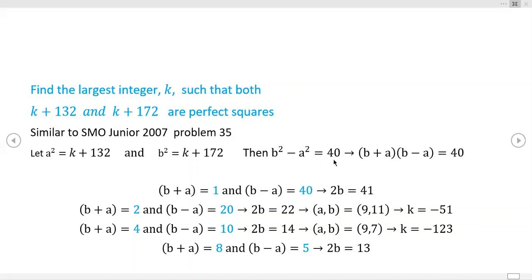Notice that 40 has 8 divisors. There's a nice little result that helps you to see that. I mean, you can do it exhaustively if you want to, but 40 is the same as 2 cubed times 5 to the first.